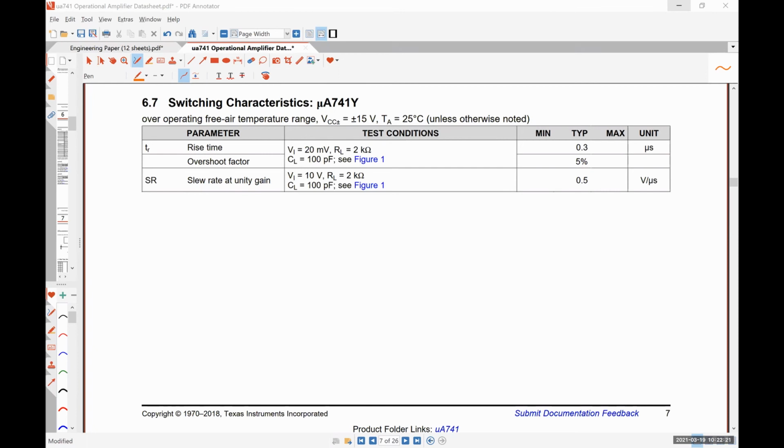So if I run my simulation, again, I see our output signal and our input signal are very well matched, right? No appreciable distortion.